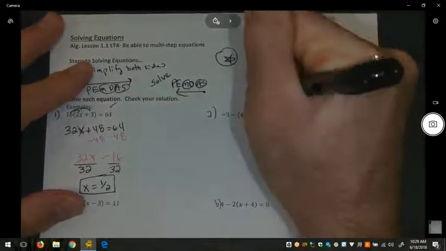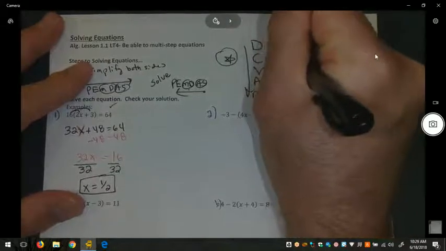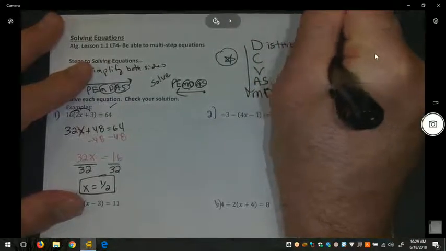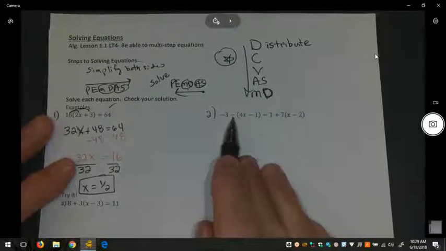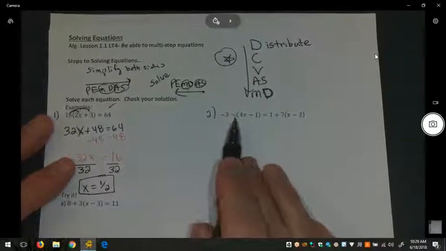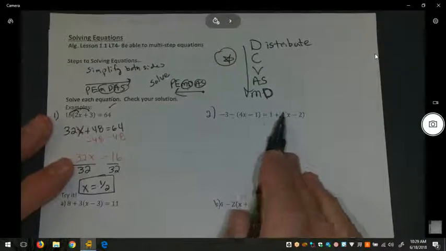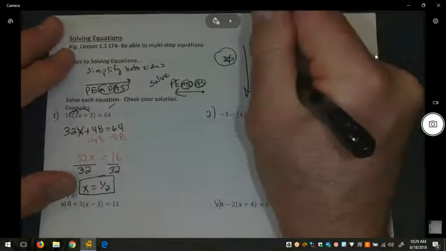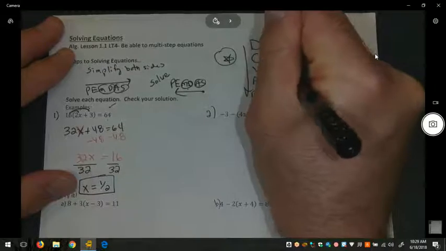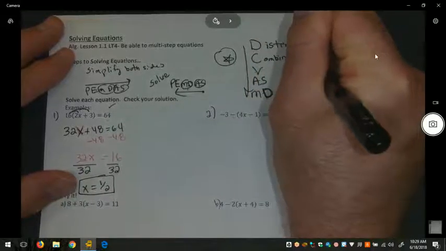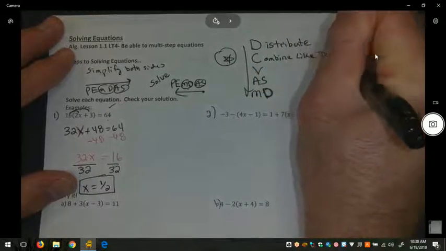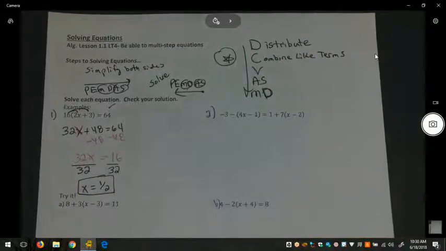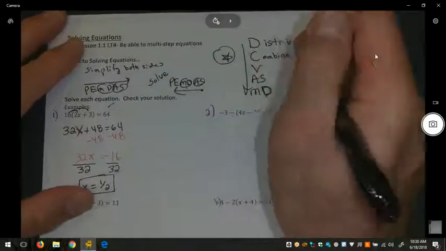What this reminds us to do is to first distribute. Any parentheses that have either a sign in front of them, a negative sign, or a number in front of them, we would distribute on both sides everything that we can distribute. C stands for combine like terms. So once we've distributed, we combine all the terms that have variables and all the constants or numbers that don't have variables.